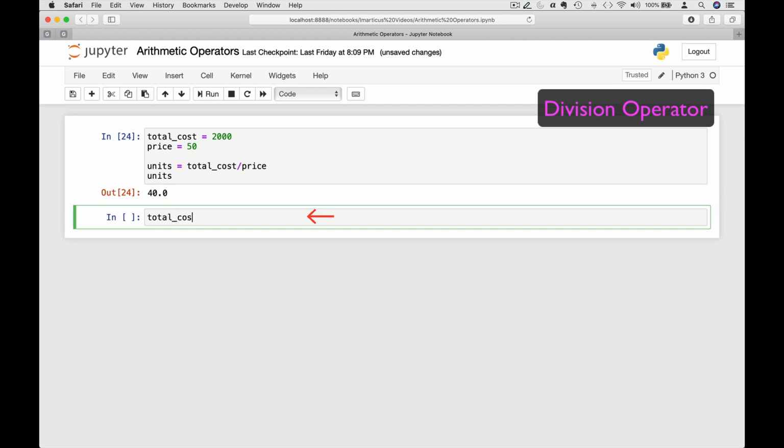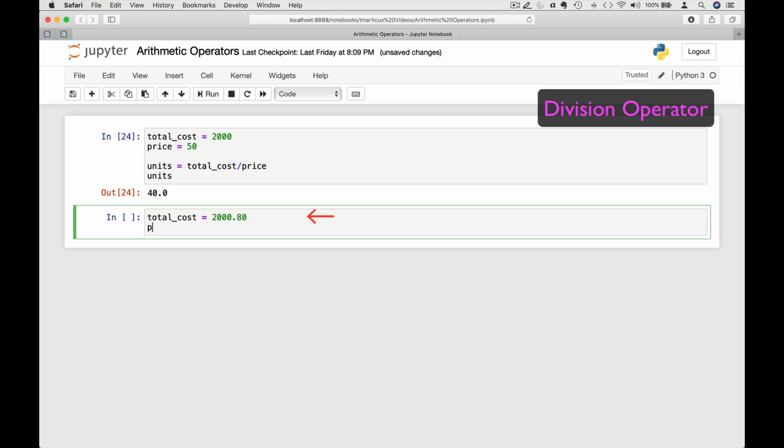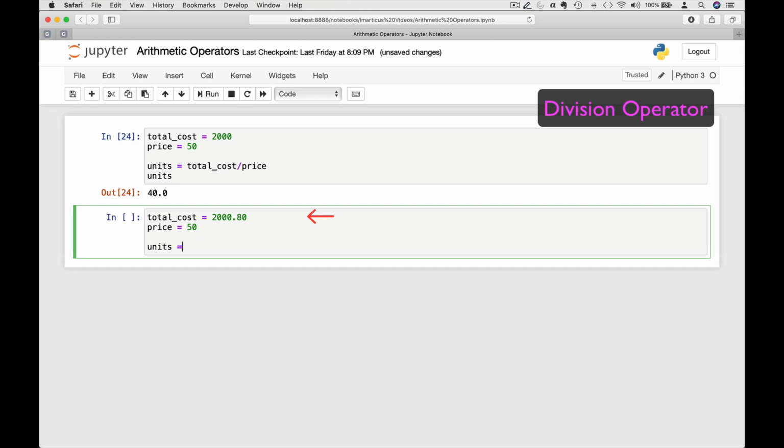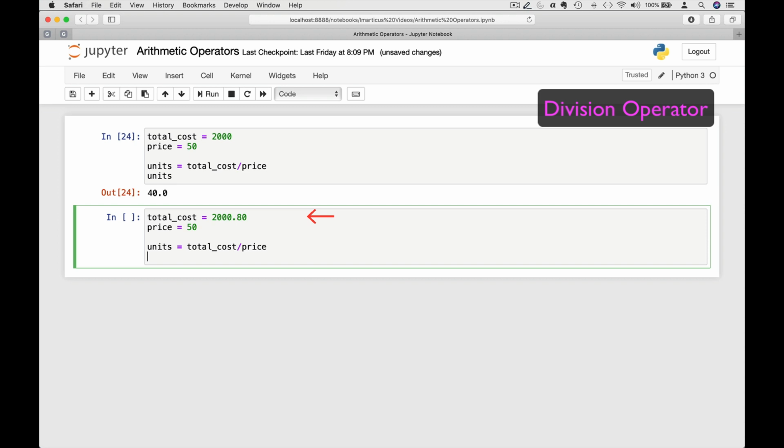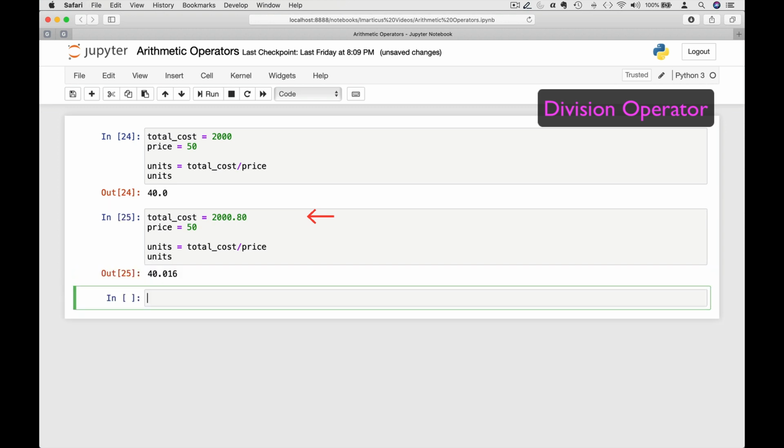If I say total cost is equal to 2000.80 and we say price is equal to 50, we see units is equal to total cost divided by price, and we see that the number of units is 40.016. So irrespective of the variable being integer or float, the output of a division is always a float.